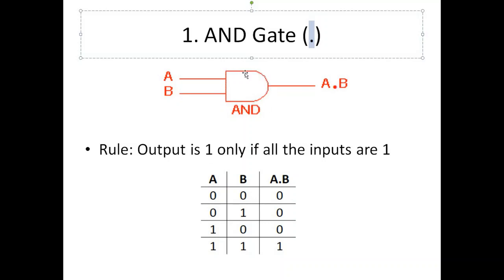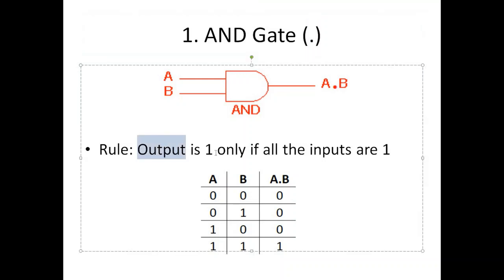This looks a little like an ice cream stick with 2 sticks in it, and this one is the output. We write the AND gate like this. The number of inputs, we have to write A and B, so we write it like this, A dot B. The rule for the AND gate is that output is 1 only if all the inputs are 1.